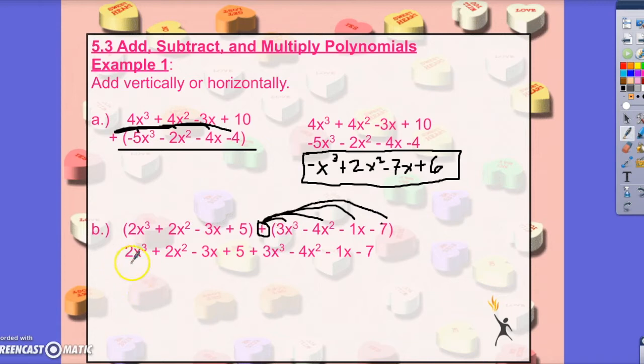So let's see. 2x cubed plus 3x cubed. 2 plus 3 is 5x cubed. Let's cross them out here as we go. Then 2x squared minus 4x squared is negative 2x squared.